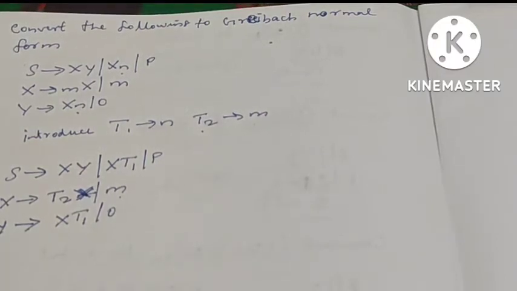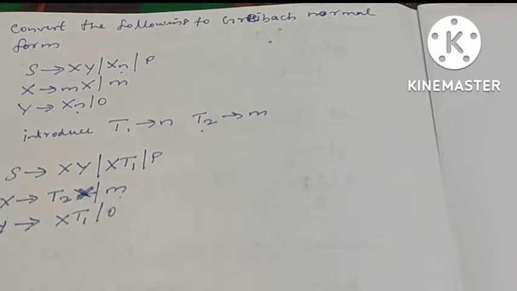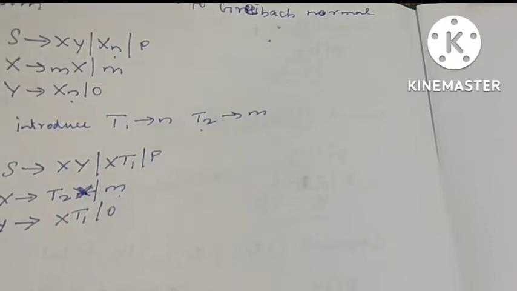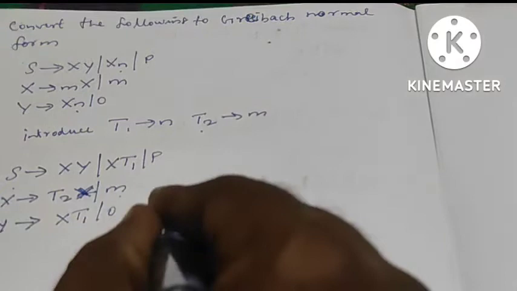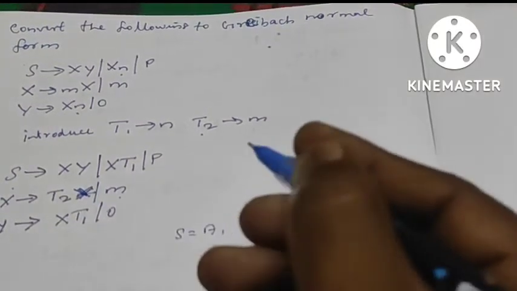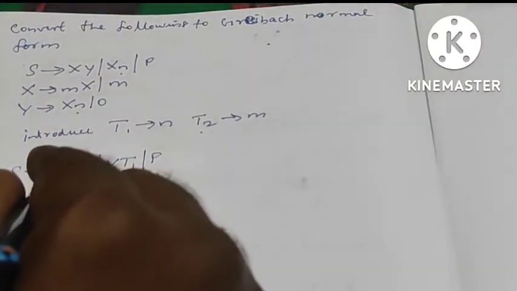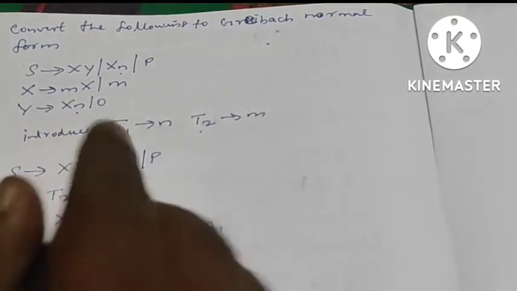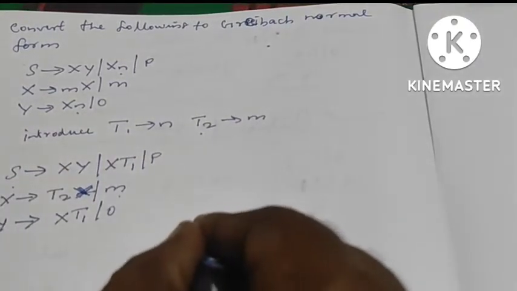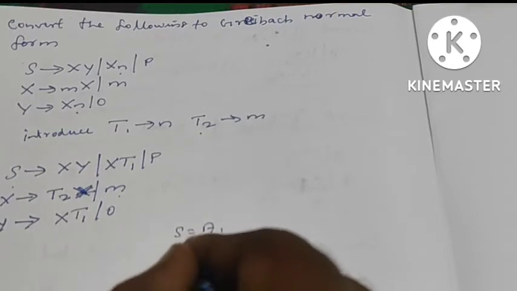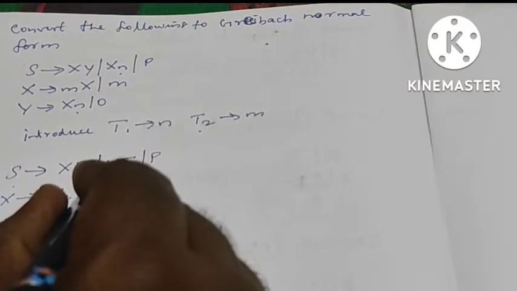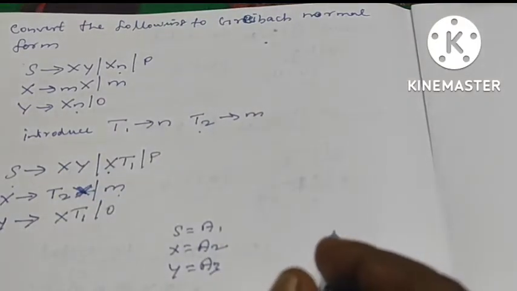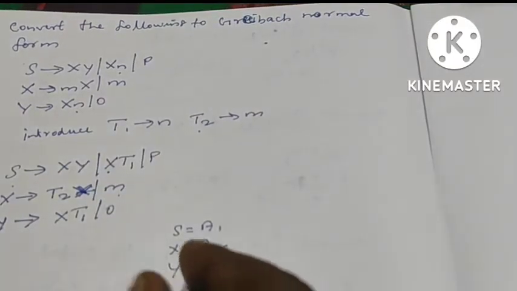So what is the convention of Greibach normal form? The convention is that we have to name these non-terminals as A_i in ascending order. The first non-terminal is S, so we will name it A1. Next, X is there, X will be named A2, Y will be named A3, and then X is there again on the next production, so it will again be named A2.